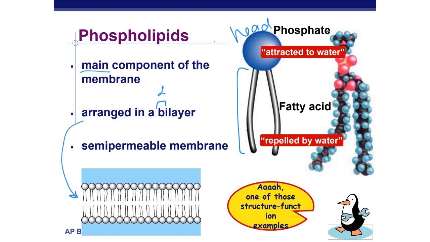The tails here contain the fatty acids, which are made up of lipids, and the fatty acids are repelled by water because they are what is called nonpolar, where that phosphate is polar. So the phosphate group has a charge, and the nonpolar parts of the molecule have no charge.